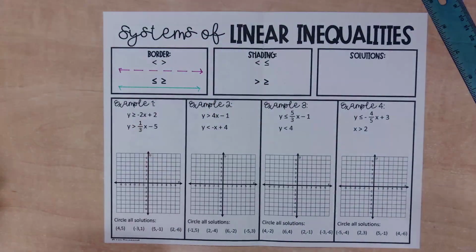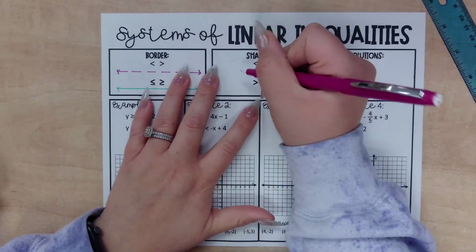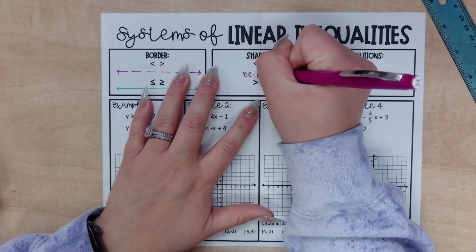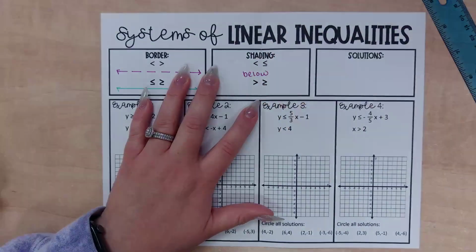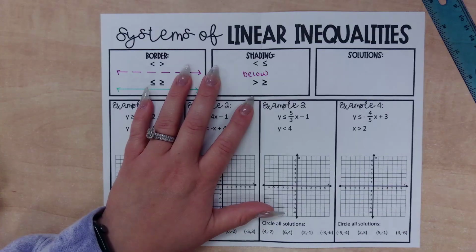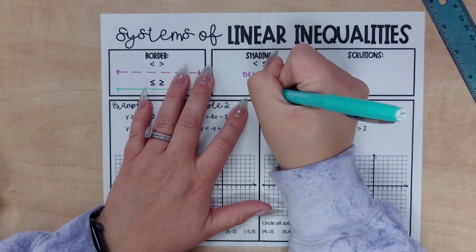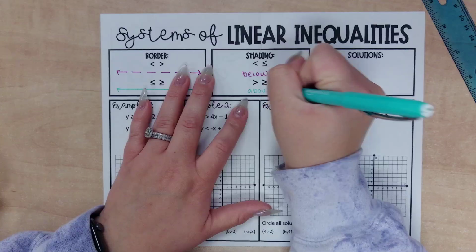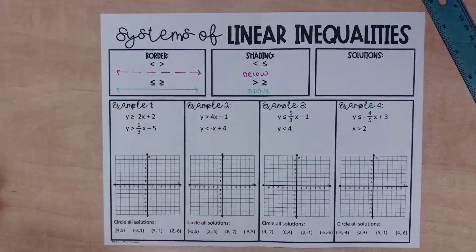There we go. Then in the shading, of course, if the variable is getting smaller or decreasing in any way, you would shade below the line, versus if it was increasing or getting greater, you would shade above the line. Perfect.